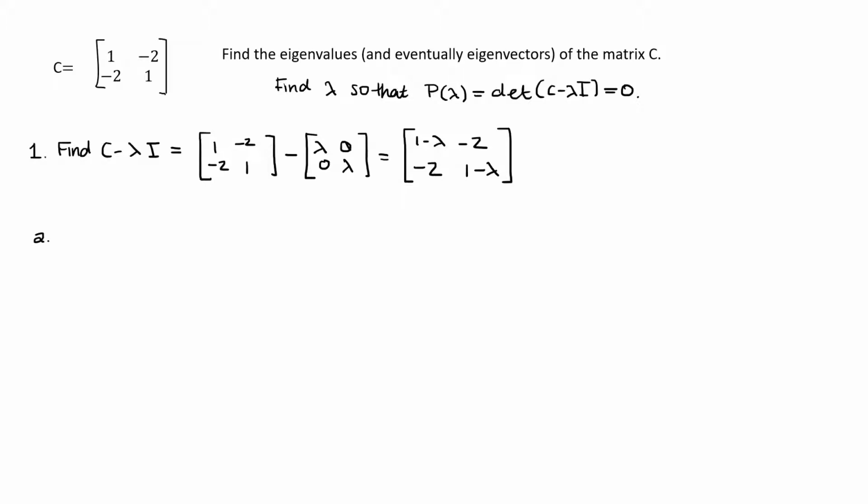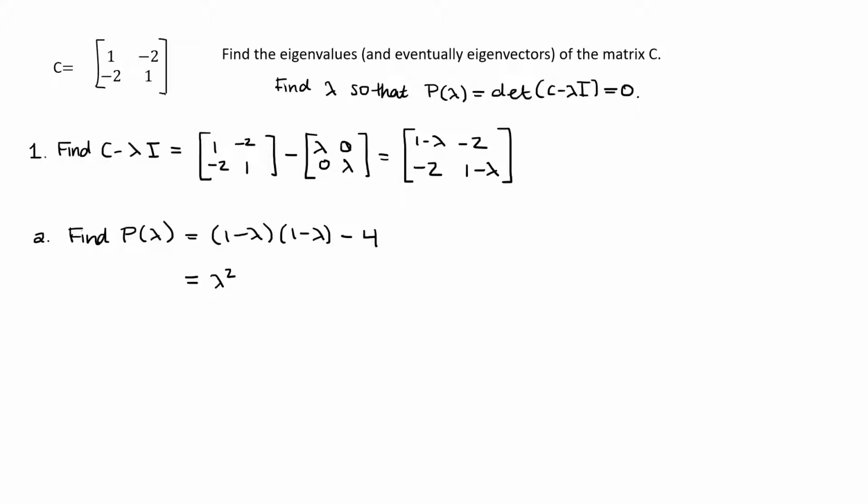Next, we calculate the determinant. Okay, so the determinant of this is going to be 1 minus lambda times 1 minus lambda minus -2 times -2, so minus 4. I'm going to simplify this, combine these terms.